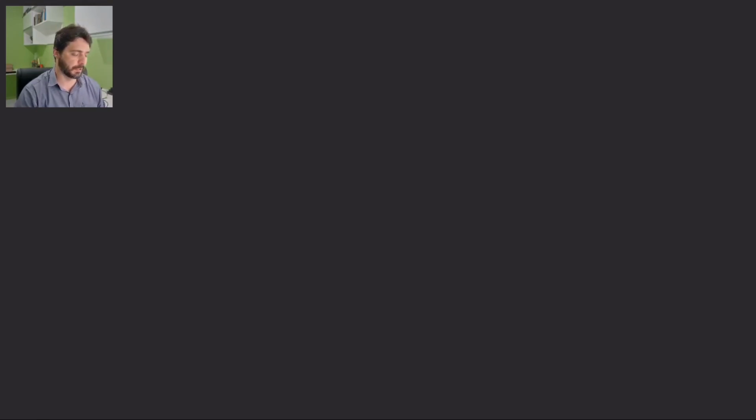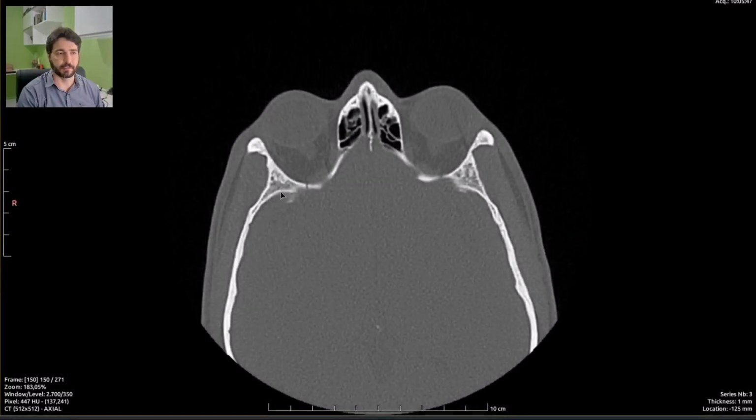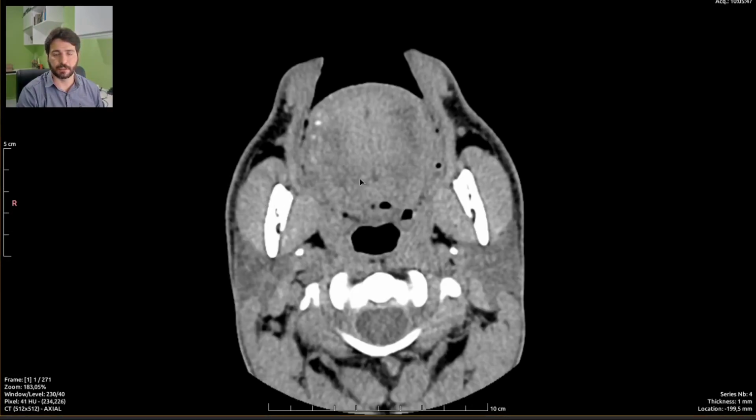They are usually peculiar, to say the least, and sometimes we actually diagnose major disease on these scans and end up helping out the patient much more than the referring doctor ever expected us to help. So this is axial.